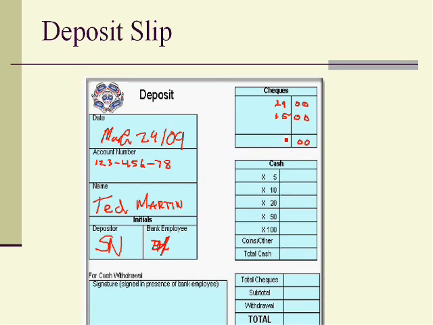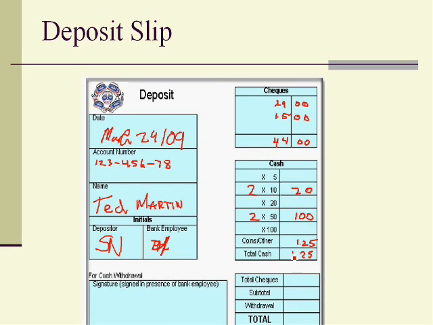And then say we put in two $10 bills and two $50 bills. So that would be $20 and $100. Oh, and we'll put in $1.25 in coins. So what we're going to end up with here is a total cash of $121.25.